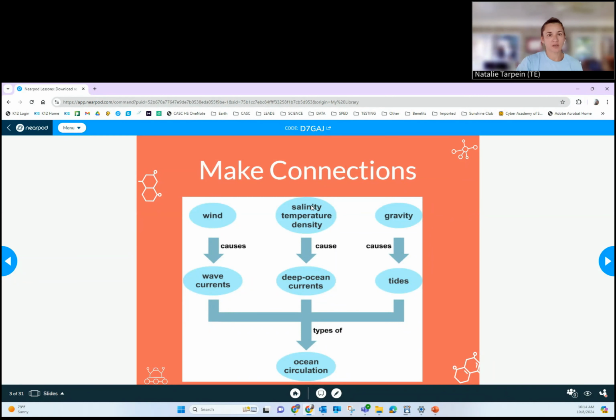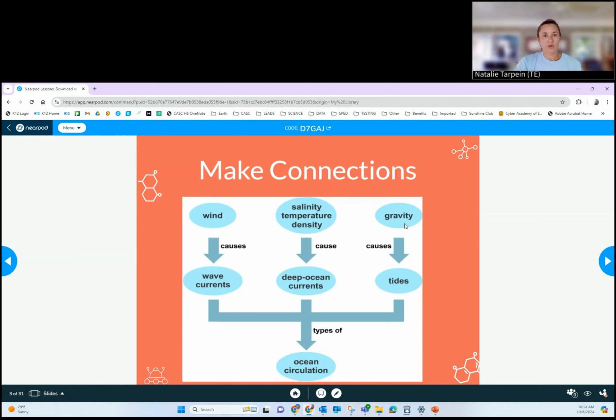Also, like I mentioned just a minute ago, chemical factors like salinity or physical factors like temperature and density are going to play a role in what we call deep ocean currents. We're going to talk more about that, but just keep in mind those chemical and physical factors play a role in the oceans.